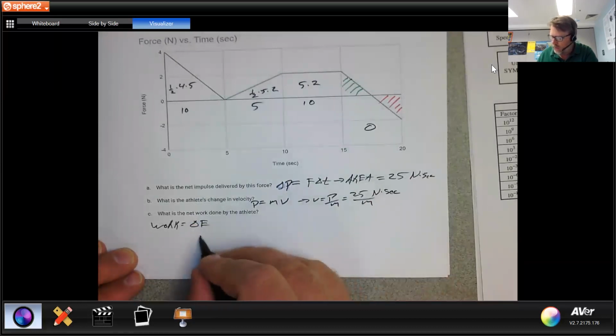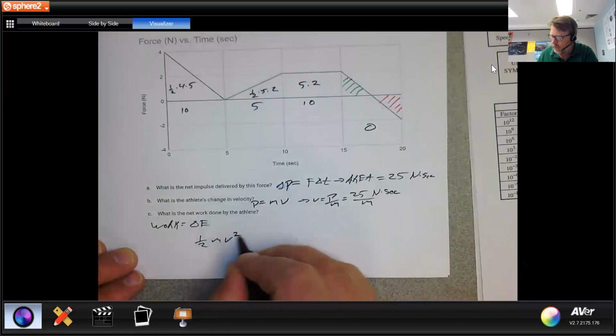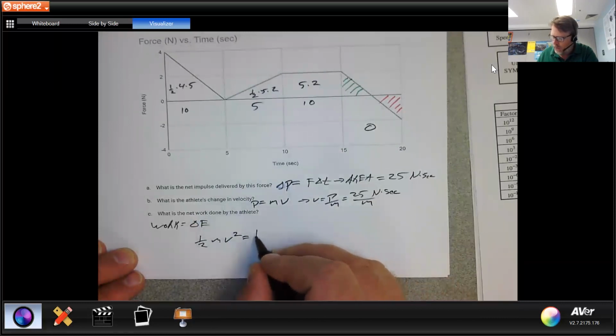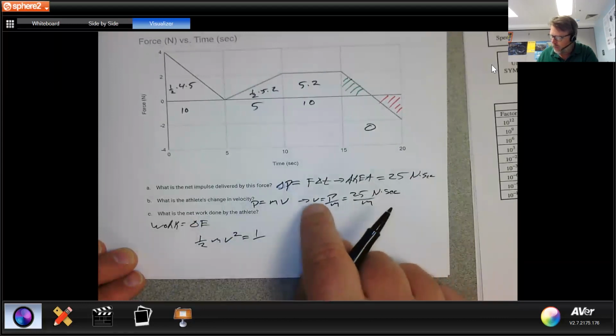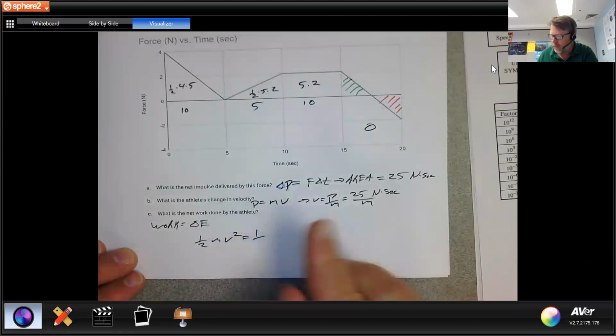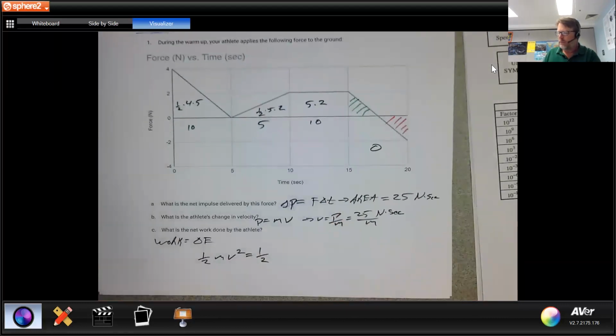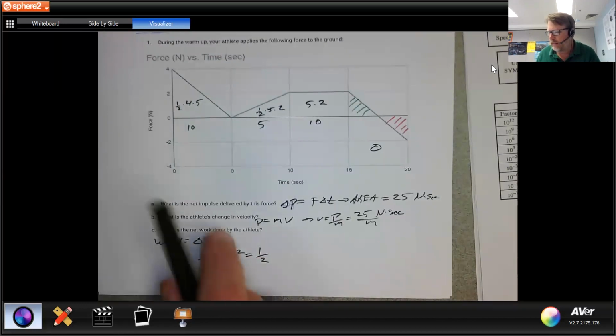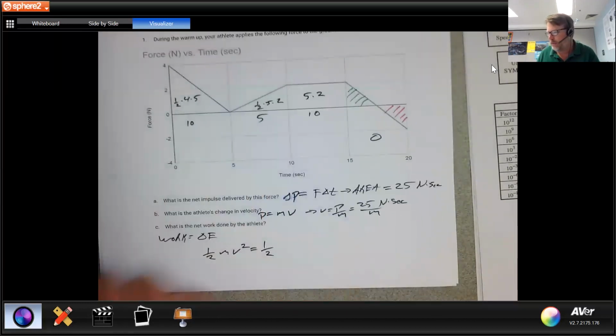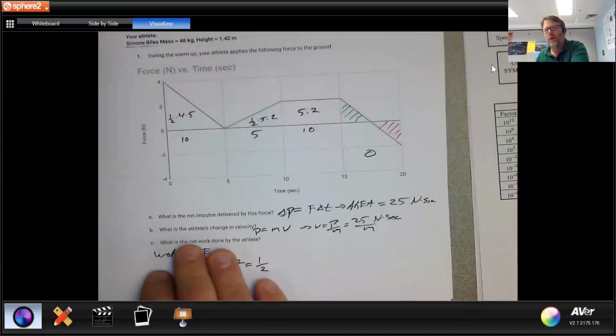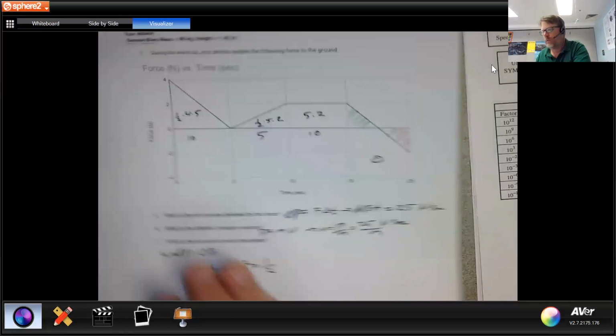So we can do 1/2 mv squared. Again, both your v and your m are going to be based on your athlete now. Some people did ask, yeah, the assumption is they're starting from rest for that to work. All right, that was number 1.